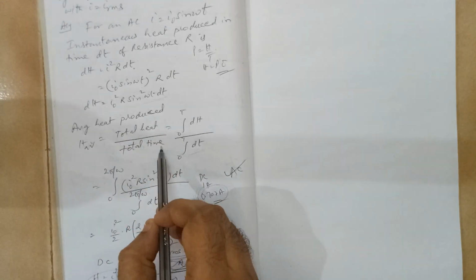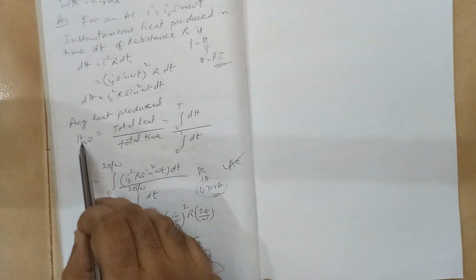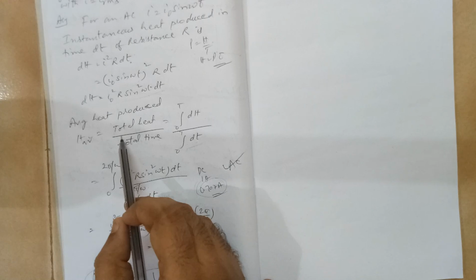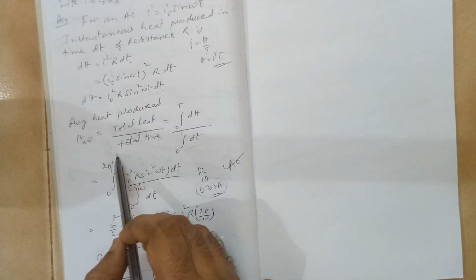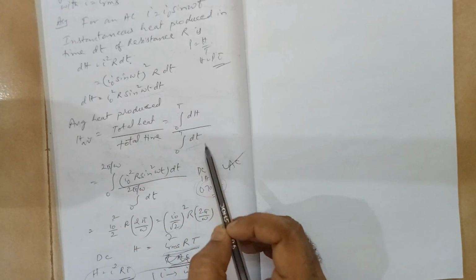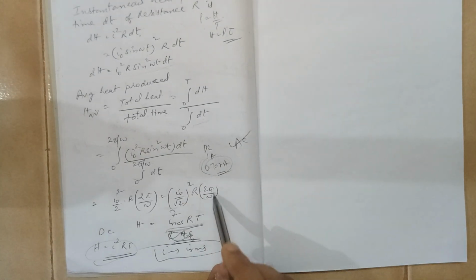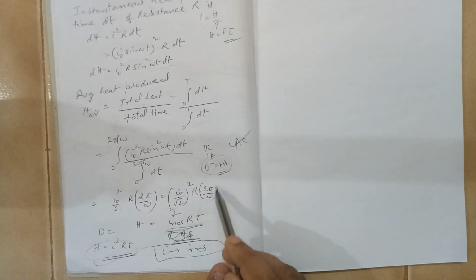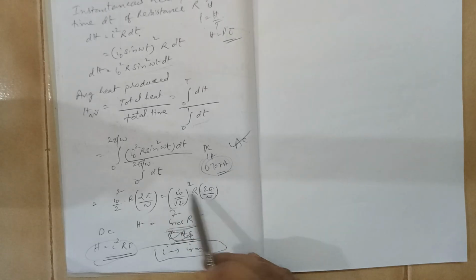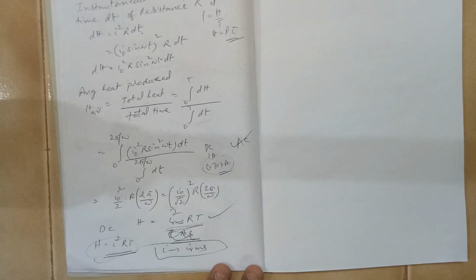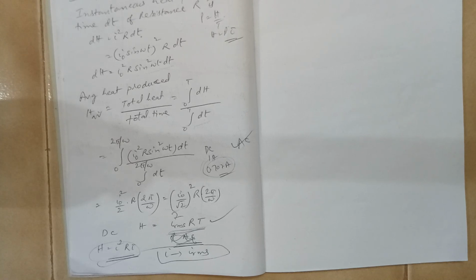So average heat will be total heat by total time. So just see, you are getting 2 pi by omega here. 2 pi by omega is nothing but time. So finally you get in this format, I square RMS into R multiplied by T. Kindly make a note of these points.